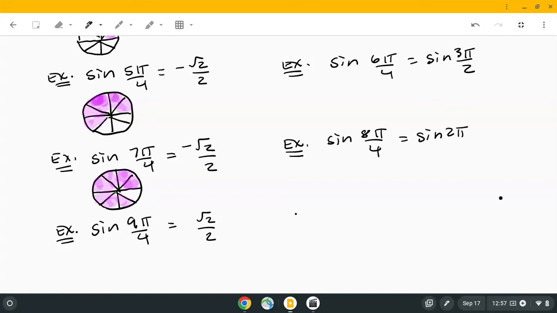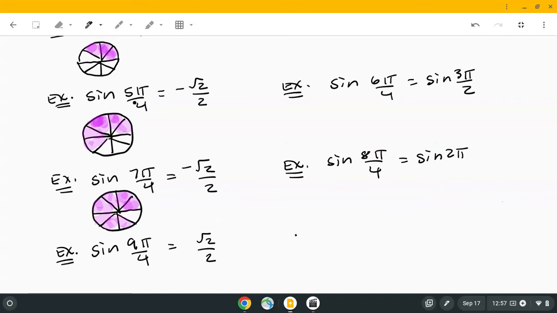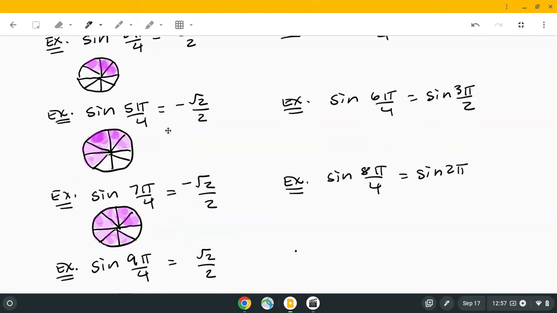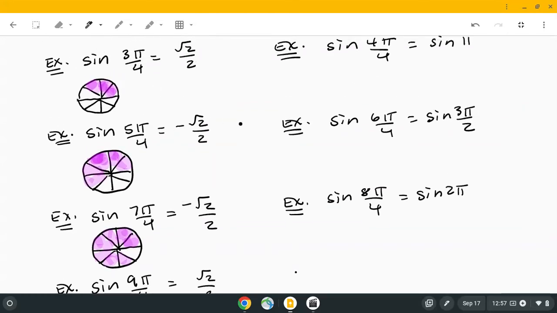Okay? So if they don't reduce, their reference angle is pi over 4, right? And you can see that. So 3 pi over 4 landed over here, and we can see the reference angle is this right here, and it's 1/4 pi.